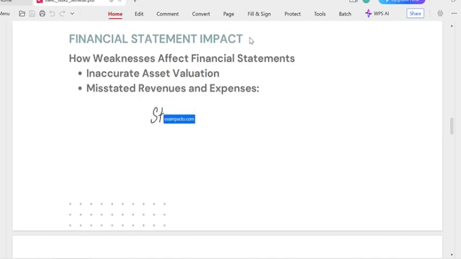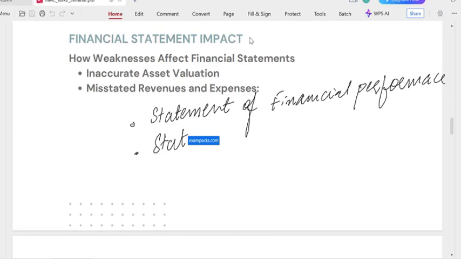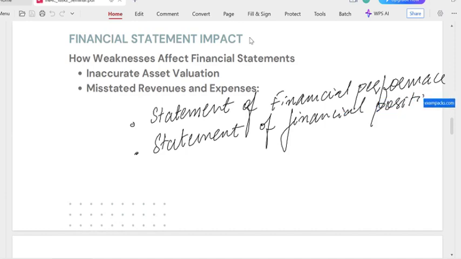statement of financial performance, which we also call profit and loss account. You have statement of financial position, which is your balance sheet.